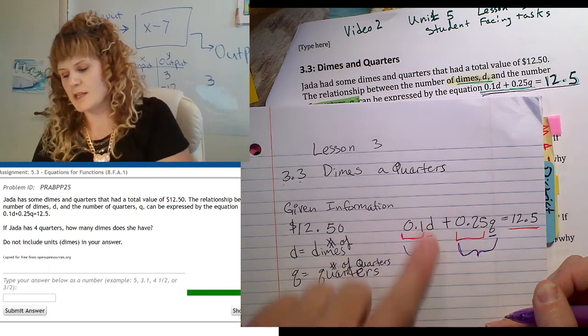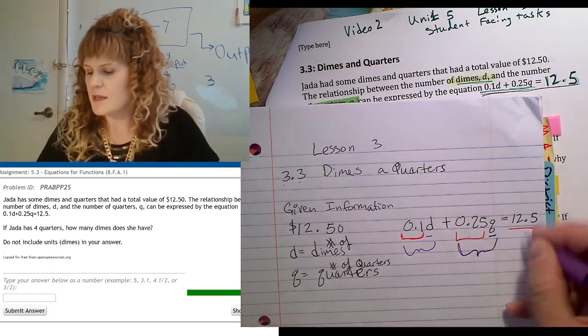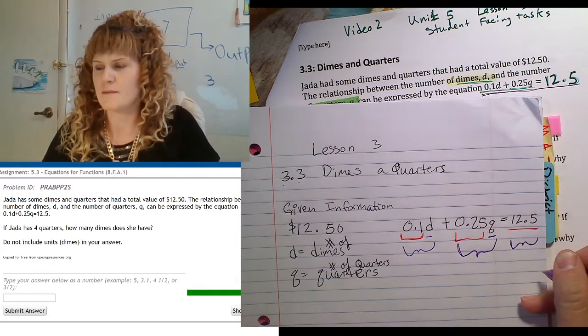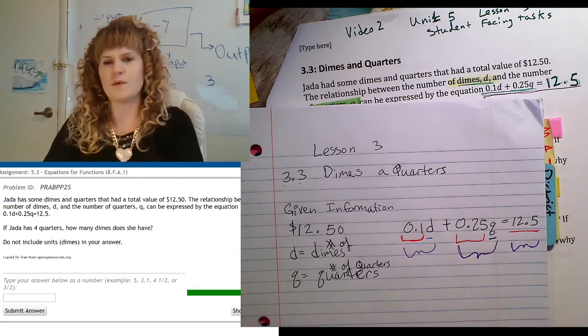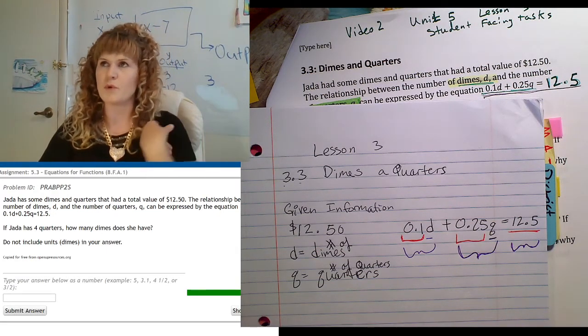So that's the money she has in dimes plus the money she has in quarters equals, and then this term is the total amount of money she has. Okay, so that's where the equation comes from, and you are familiar with that from quarter 3.